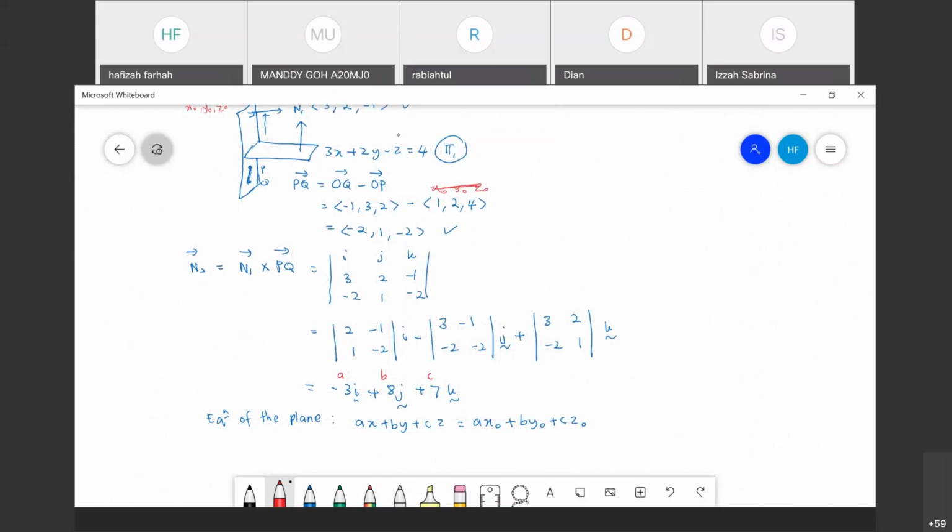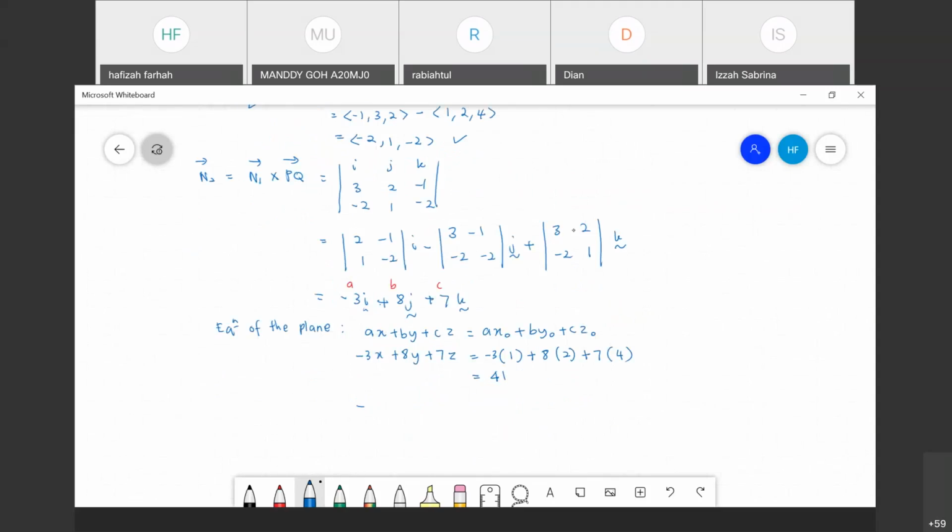Just substitute into this equation, plus 8y plus 7z equals 41. So our equation of the plane will be negative 3x plus 8y plus 7z equals 41.